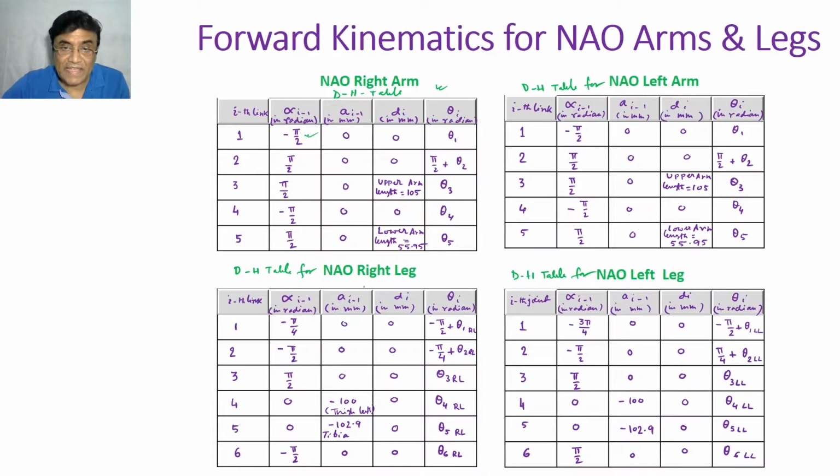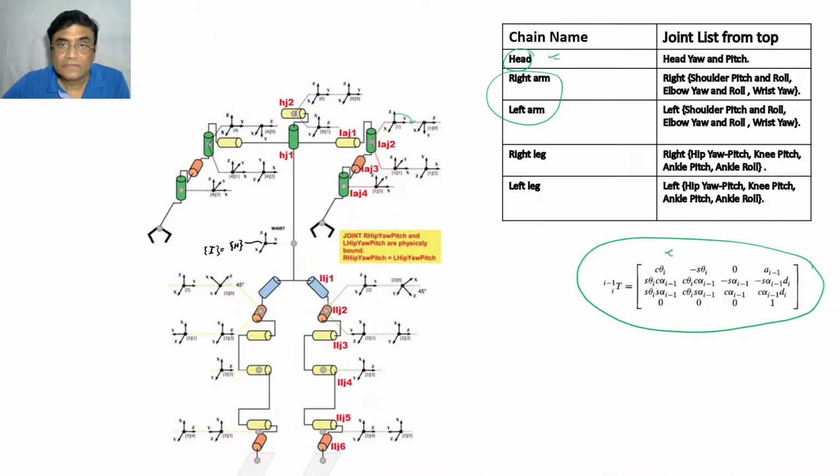Now regarding the leg, you'll have to be careful. So the left leg, you see, this is the second link Z. This is the angle of 45 degree. With respect to this, what is the angle between this Z axis and this Z axis?